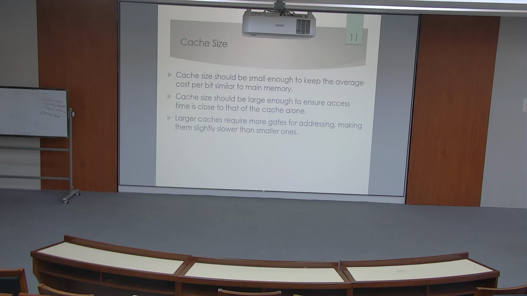So that's why we need to balance the size of the cache memory as well as the cost of the cache memory. Because if you make them much bigger, that will require more gates, and this will make them slightly slower than smaller ones.